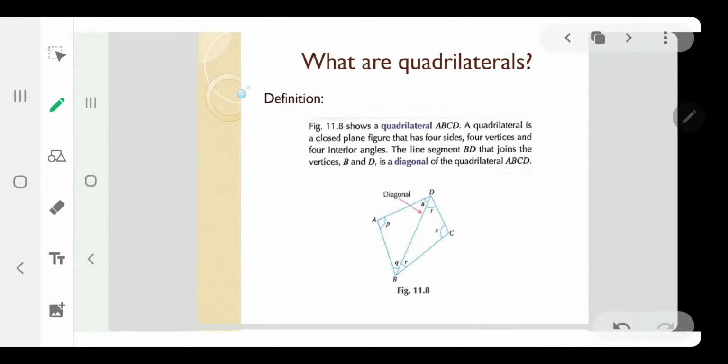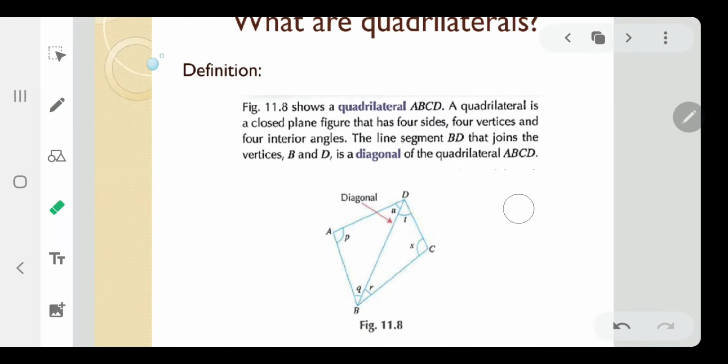For instance, in the diagram here you can see four sides: side AB, side BC, side CD, and side AD. So these are four sides and there are four vertices.